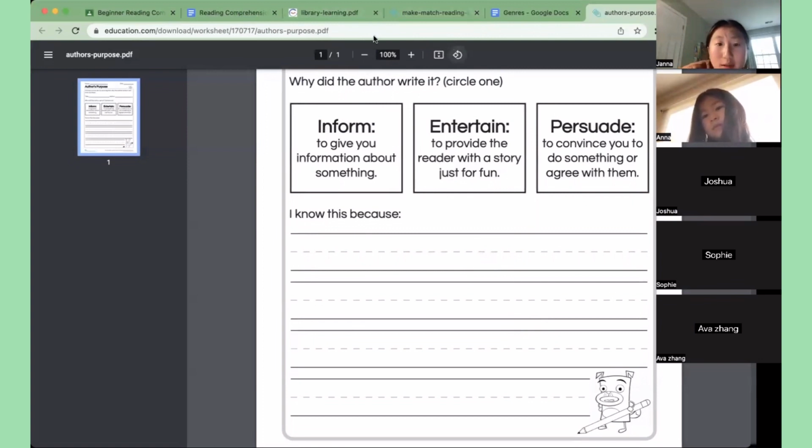Okay, so Anna said entertain. Can you explain? And then Ava said it's inform because she's telling him or informing him about the numbers.